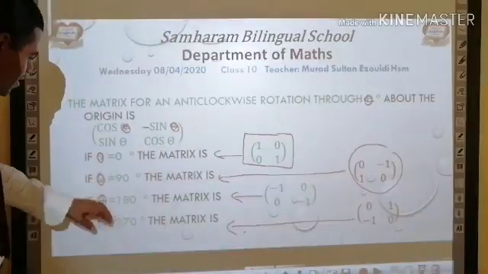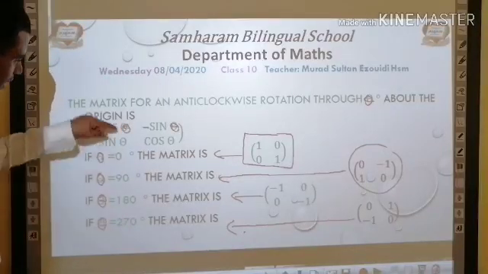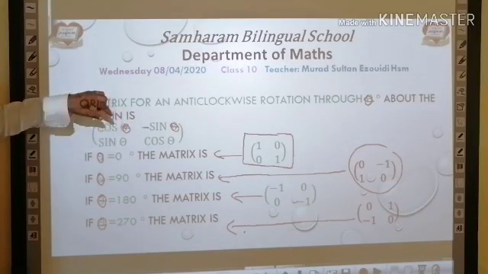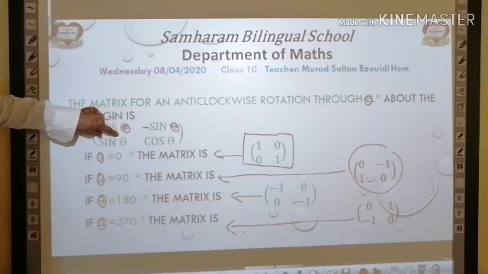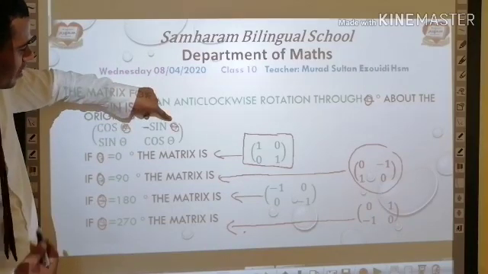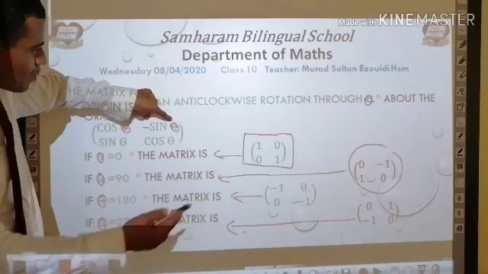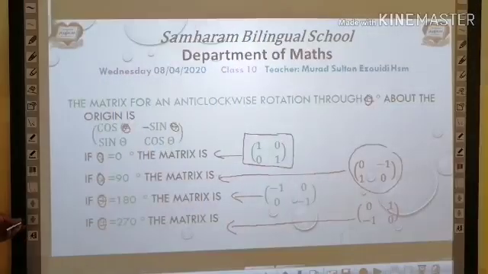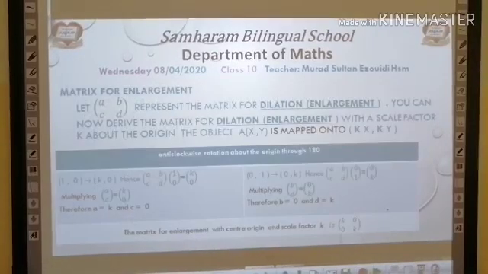Why? Because just put theta here. Cosine of 270 is 0. Sine of 270 is minus 1. Minus sine of 270 is minus, minus gives plus, gives this one.